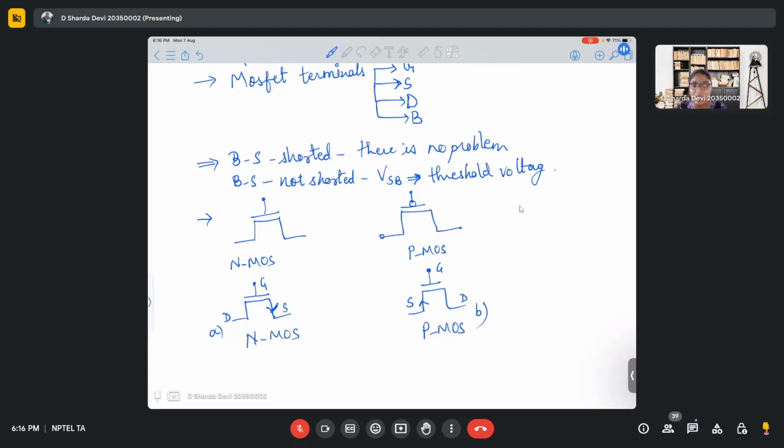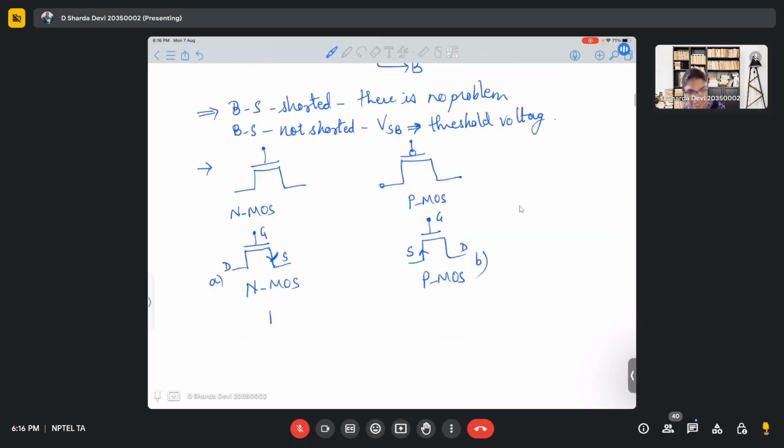Second, in NMOS, the source is at lower potential, and in PMOS, source is at higher potential. So whenever you see a circuit, you will always see NMOS placed like this, whereas you'll always see a PMOS placed like this. So this is source, drain, gate. This is drain, gate, and source.